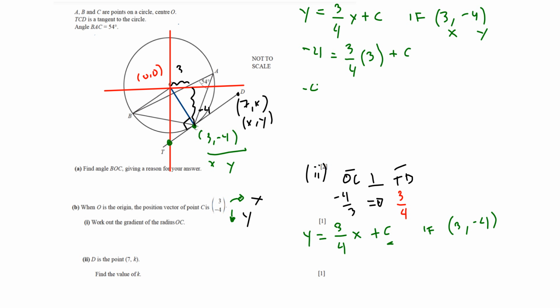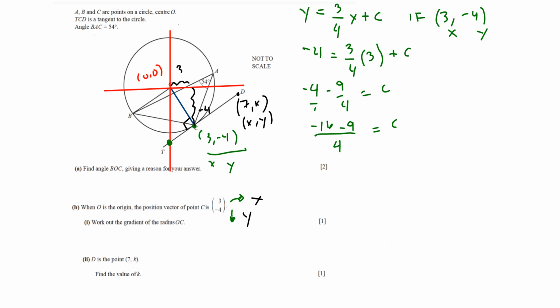Then -4 minus 9/4 equals c. So -16/4 minus 9/4 gives -25/4. Substituting this for c, the final equation will be y equals 3/4 x minus 25/4.